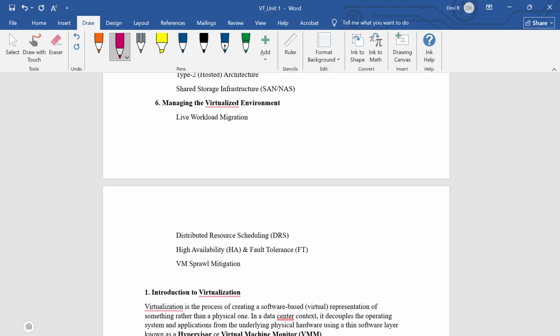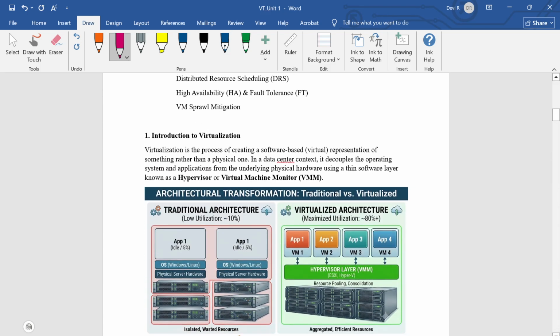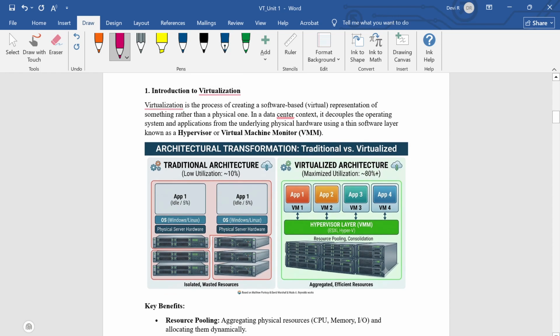Okay, the first topic, introduction to virtualization. First, what is virtualization? In the olden days, we would use a physical server for a particular application. So that is a one-to-one mapping.